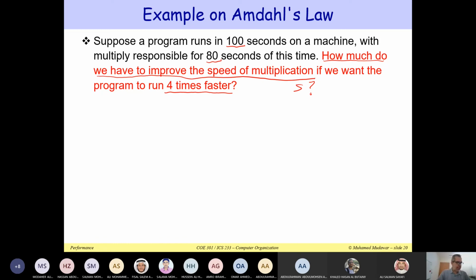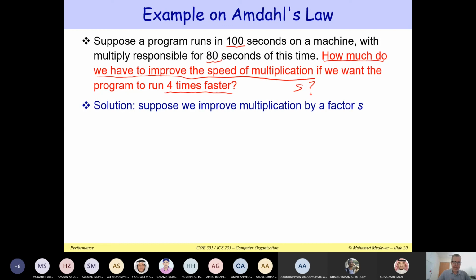Even though I don't really need to know even Amdahl's law, I can write an equation. So suppose that we improve multiplication by a factor of S. That's what we need to do. We need to find out what S is. So I can say that 4 times faster is 25 seconds. That's the meaning, right? Because the program took 100 seconds and we want to make the entire program 4 times faster. So you divide 100 seconds by 4, you get 25 seconds.